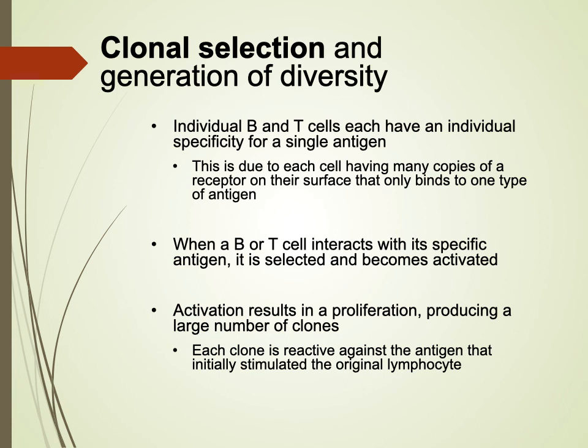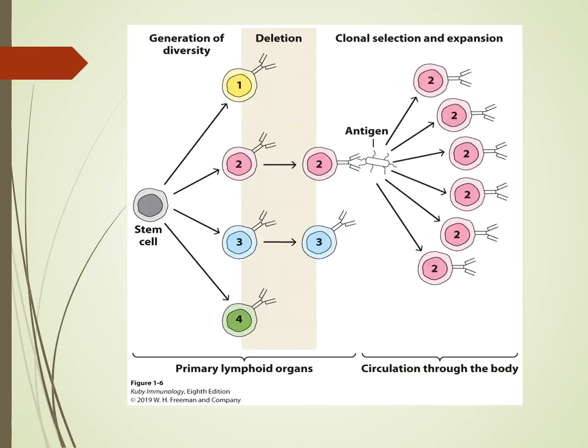Once that T cell or B cell interacts with a specific antigen, it becomes selected and activated. Once activated, that's going to cause proliferation, and so there'll be a large number of copies that will have the same T or B cell receptor on it. That's what we see in this figure.